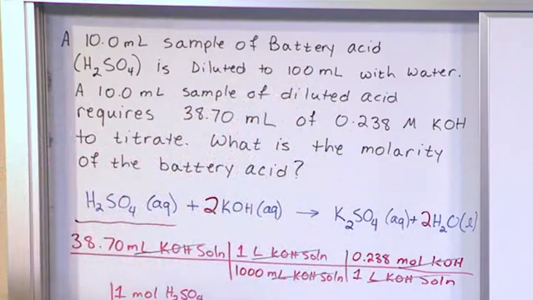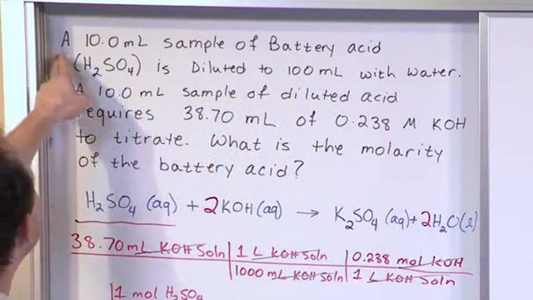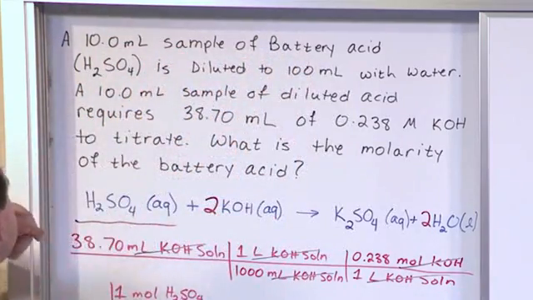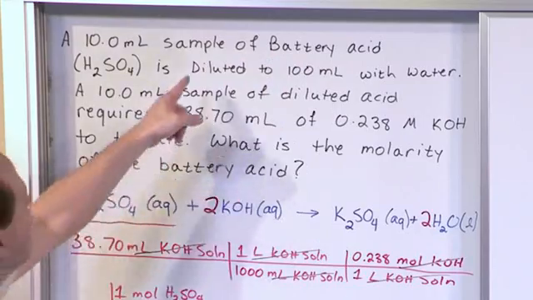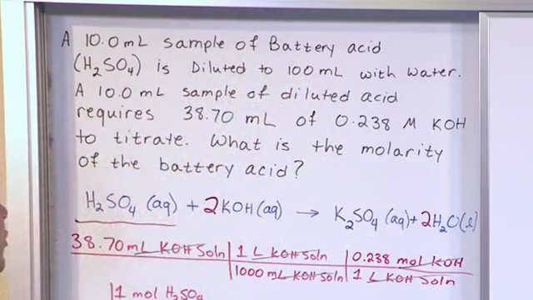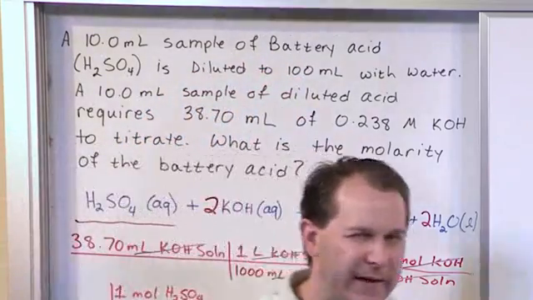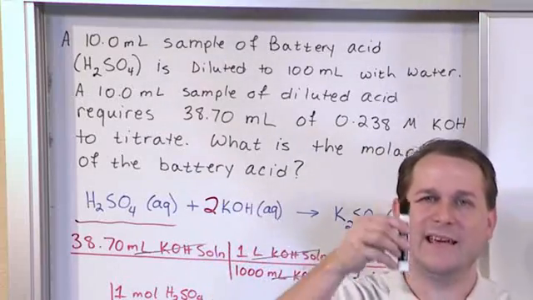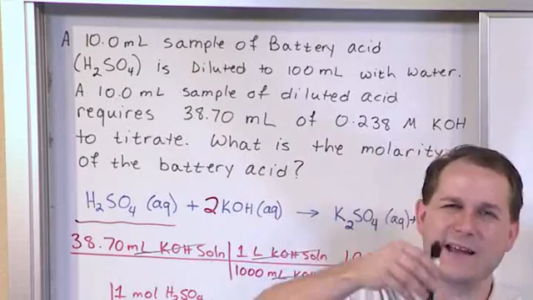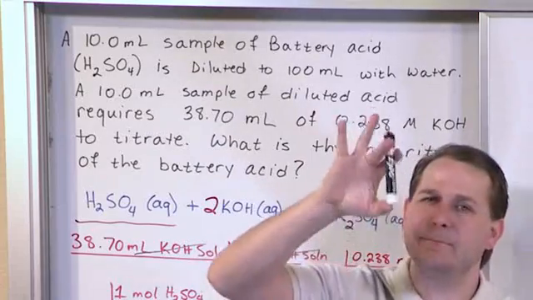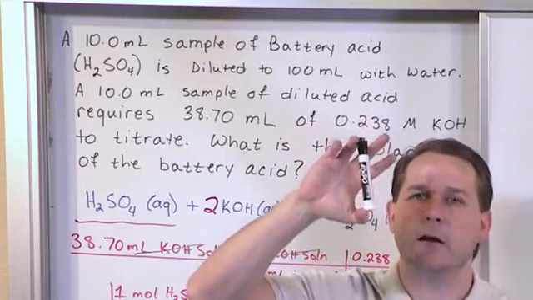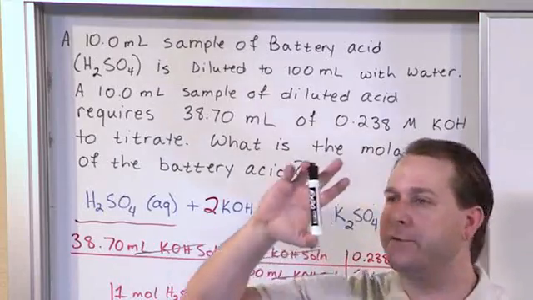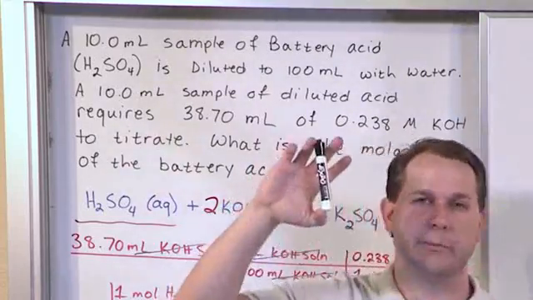So now when I read my problem again, it says I have a 10 milliliter sample of battery acid, right? And then I dilute it and bring up that volume to 100 milliliters. So if you think about it, if I dip out, pretend this is 10 milliliters, this 10 milliliter sample is going to contain so many moles of H2SO4, all right? And then I bring it over there and add water to it, bring it up to 100 milliliters.